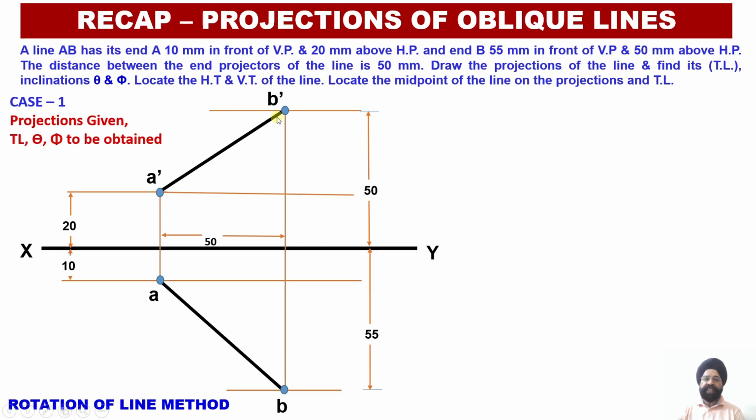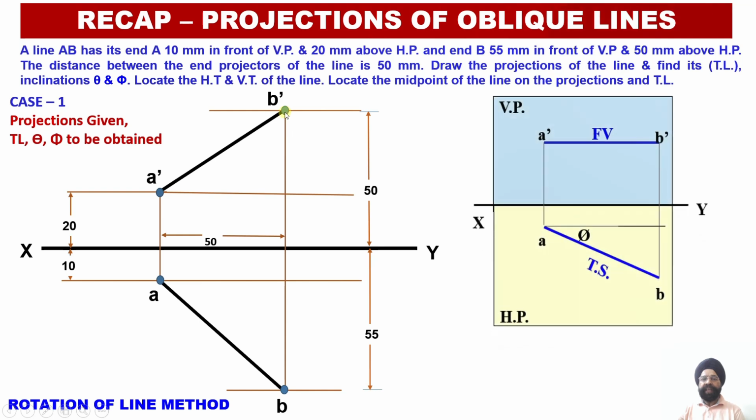Now in this case, since the line is an oblique line, we observed that none of the apparent lengths were parallel to either HP or the vertical plane. So since the name of this method is rotation of line method, what we did was rotate one of the apparent lengths to begin with and make it parallel to either the horizontal plane or the vertical plane.